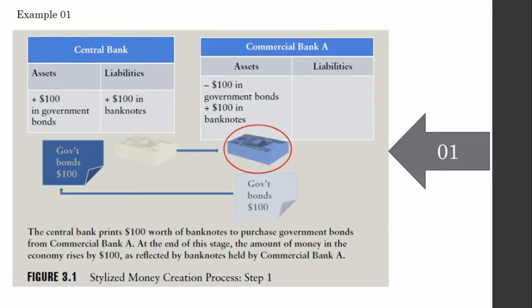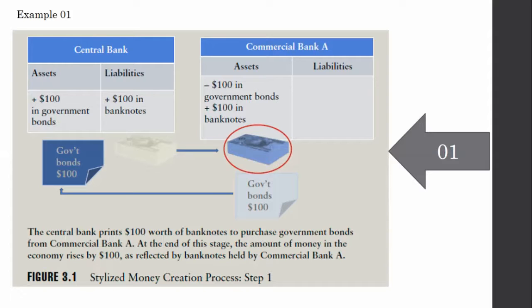Let's suppose the central bank selects commercial bank A for the transaction. To give the money to commercial bank A, the central bank will purchase government bonds from the commercial bank.